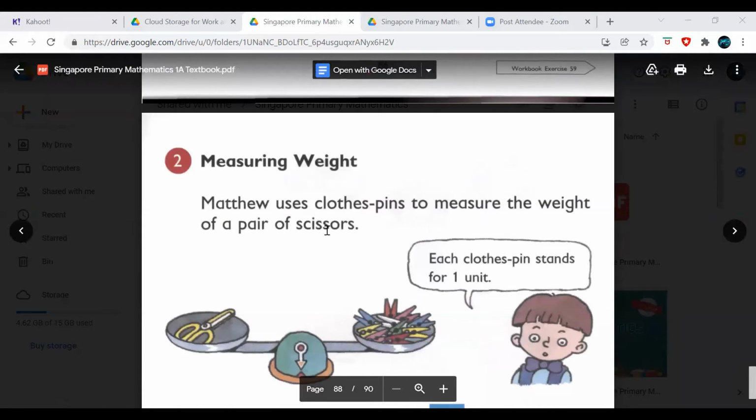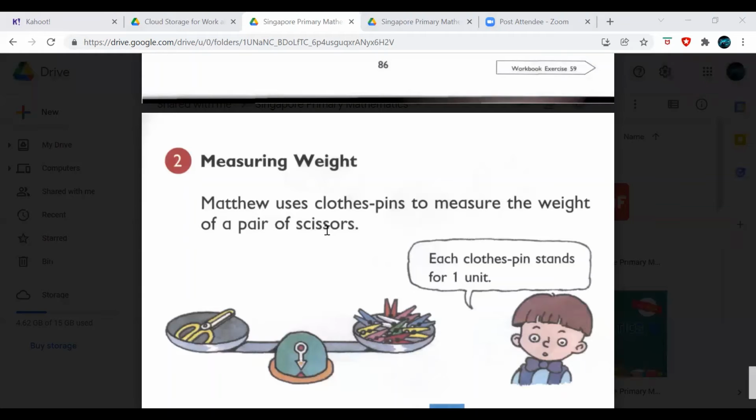Okay. So just like length, we can measure weight. Again, exactly like length, we can use something and call it 1 unit. So say if I want to measure the length of my table, then I can use 1 pencil as a unit. In weight, you can do the exact same thing.